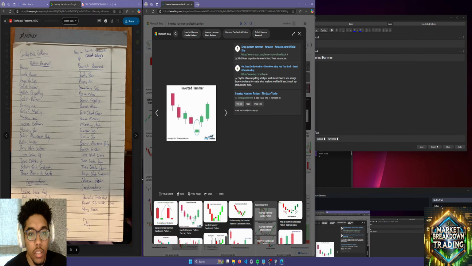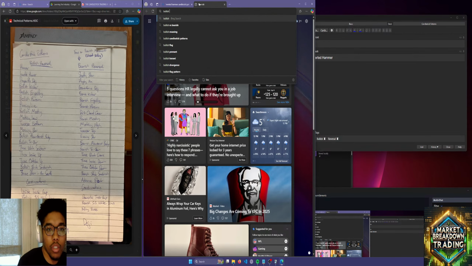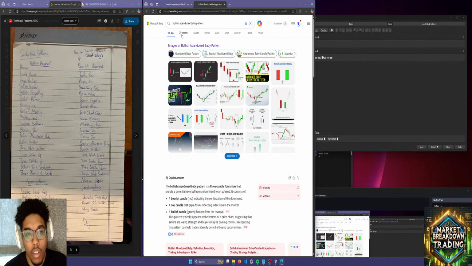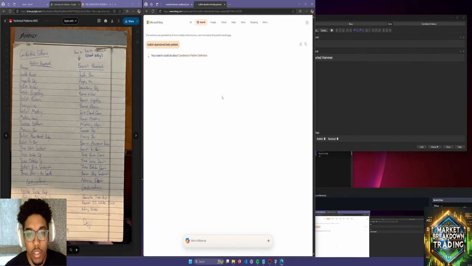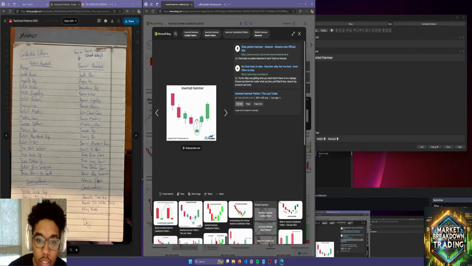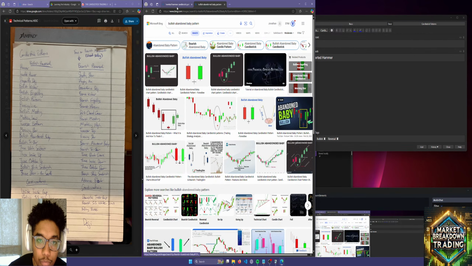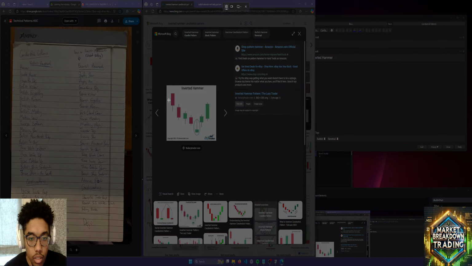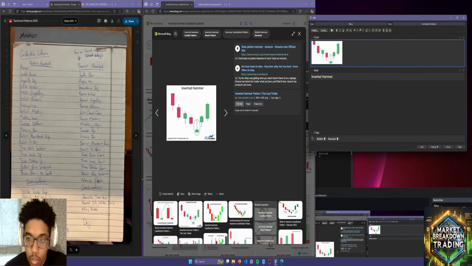I think. Let's see. Bullish abandoned baby, right? Damn it. All right, so that kind of looks like this, and you wouldn't know when you're doing the cards if it's not explicitly depicted. So that's why I prefer pictures that have things circled.